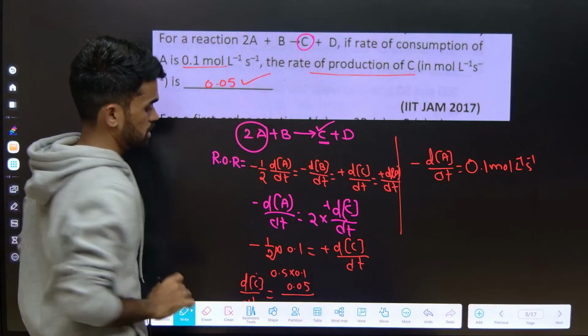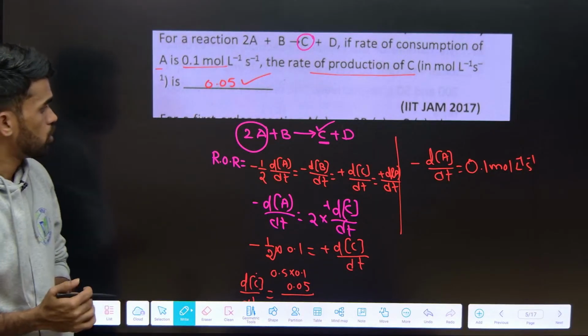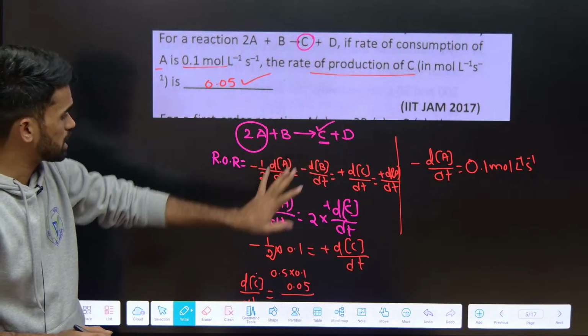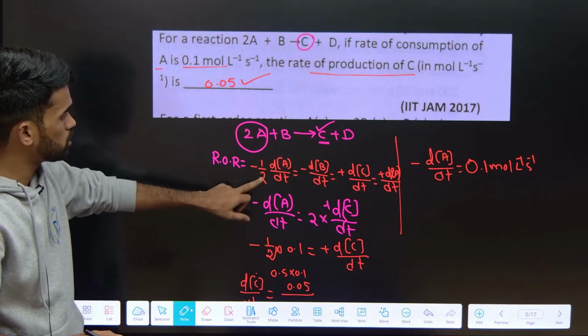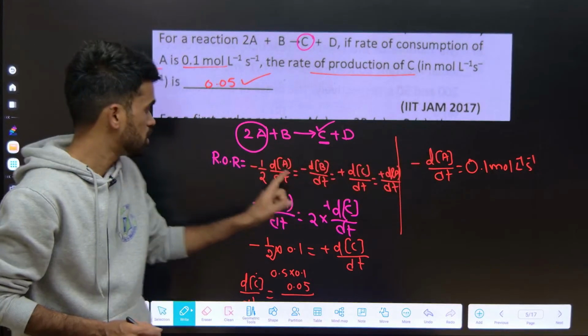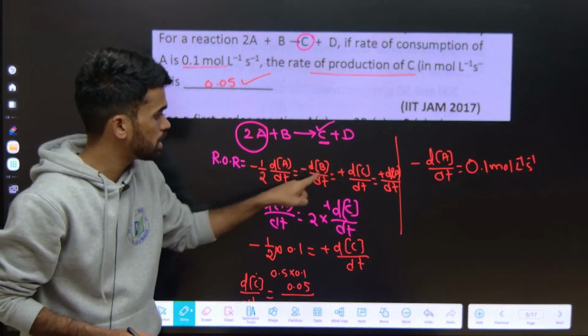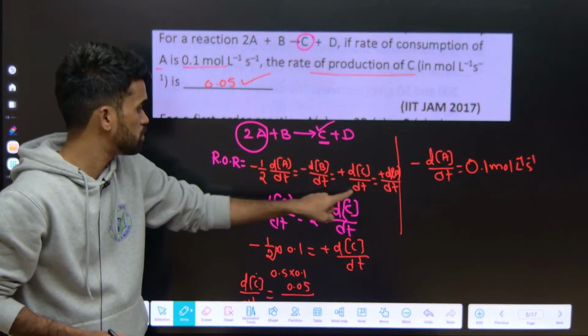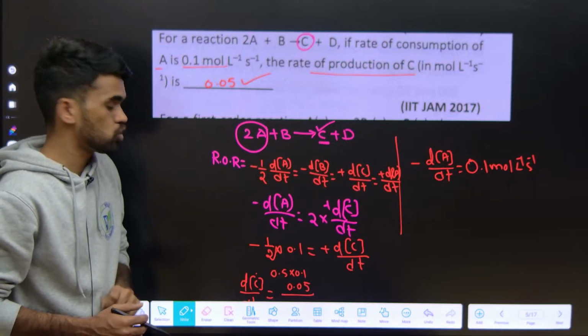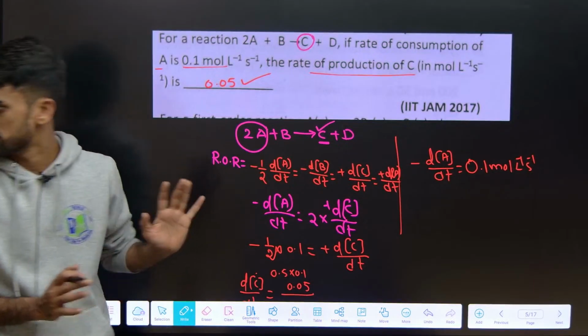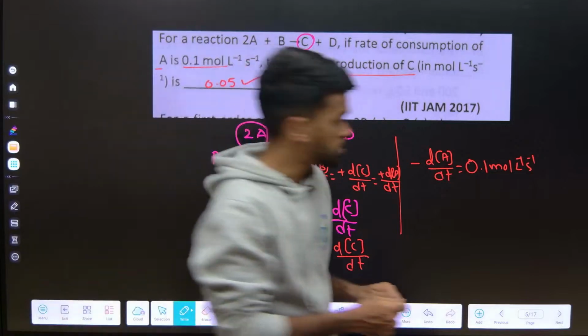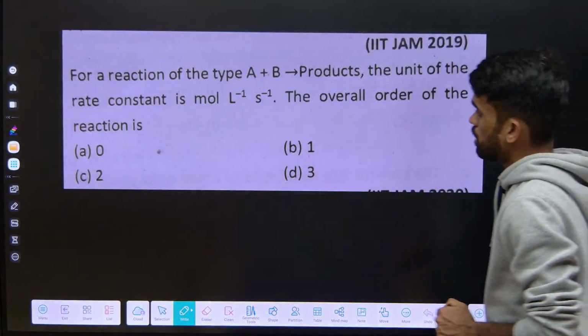Hope this is clear. Whatever I have explained here: 1 by 2 dA by dt, where the value is 0.1. Substitute over here so that you will get the values for the remaining things. So dC by dt will be 0.5 into 0.1, that is 0.05. That's it. Okay, right. Let's move forward with a few more things.